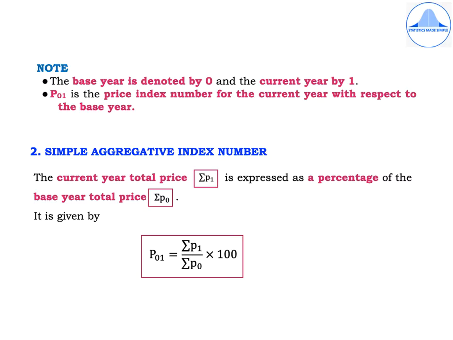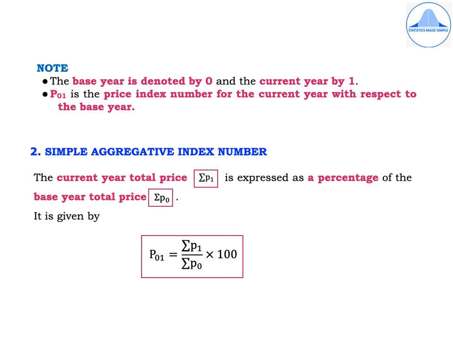Now the second type is the simple aggregative index number, which is defined as the current year total price, that means summation P1. Total is nothing but the sum, and the current year price is denoted by P1. So current year total price, summation P1, is expressed as a percentage of the base year total price.